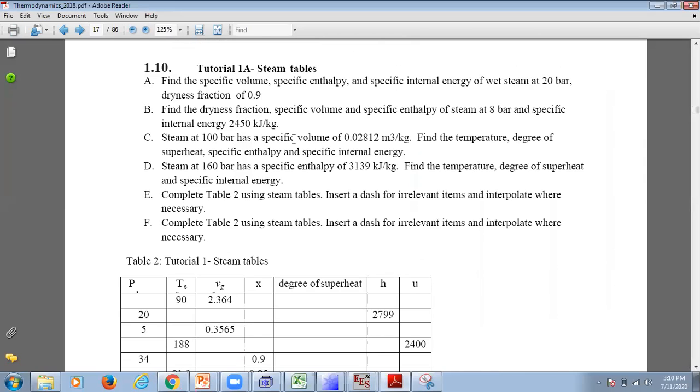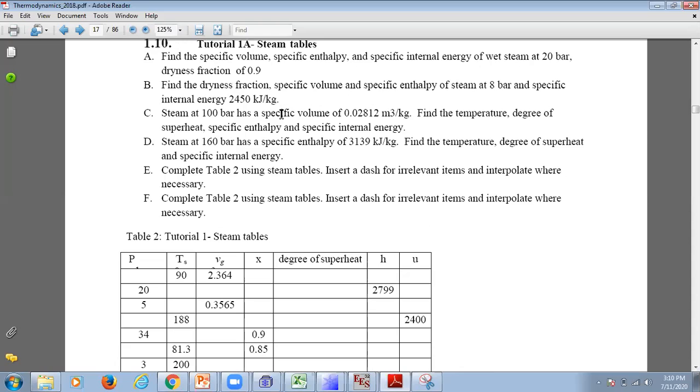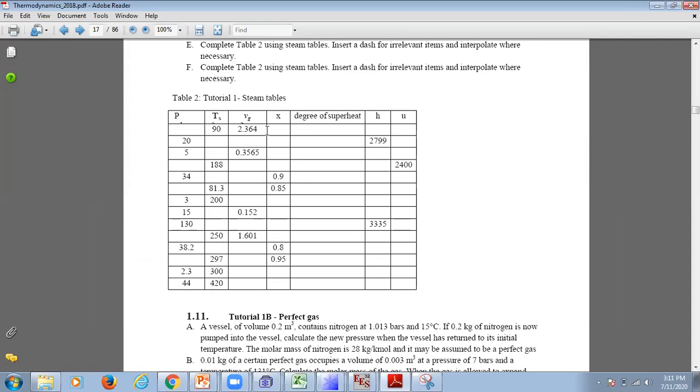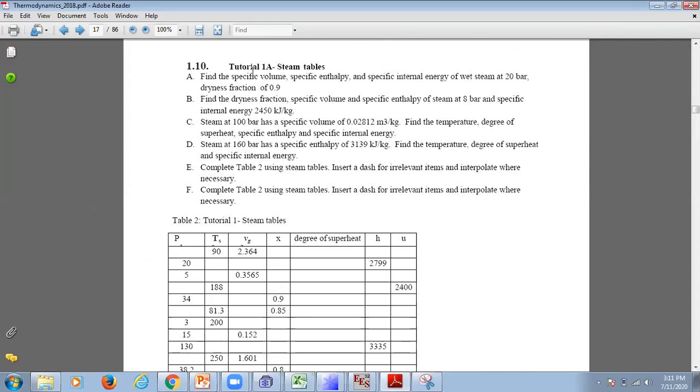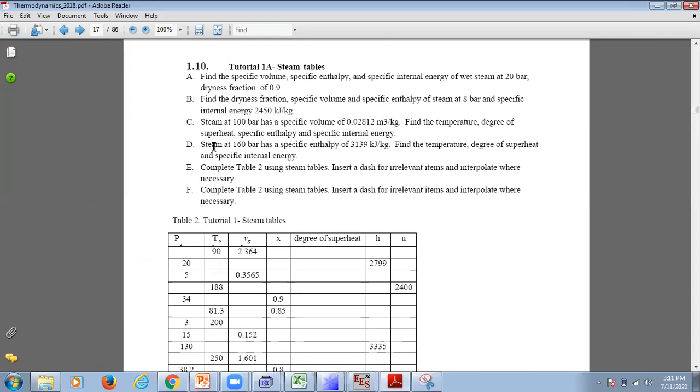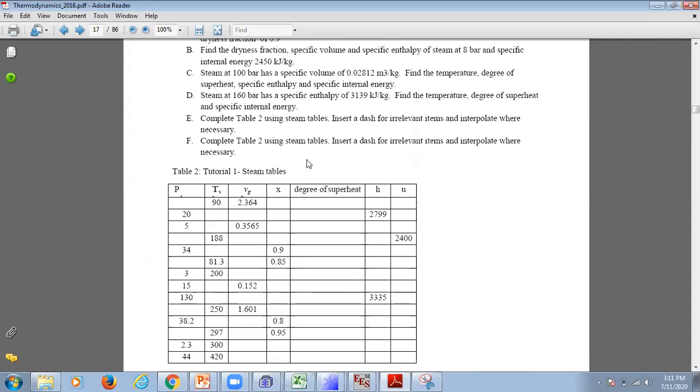Actually, if you can do the complete tutorial 1.1A, 1.10, this is quite good. You will get very good knowledge on this.